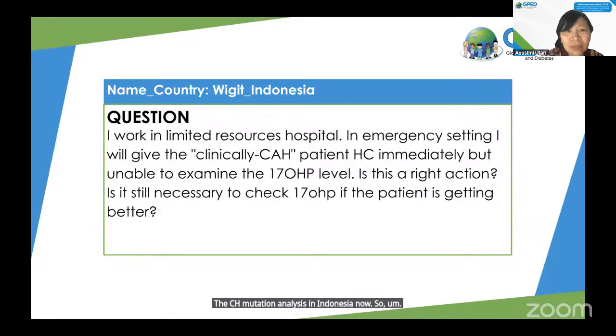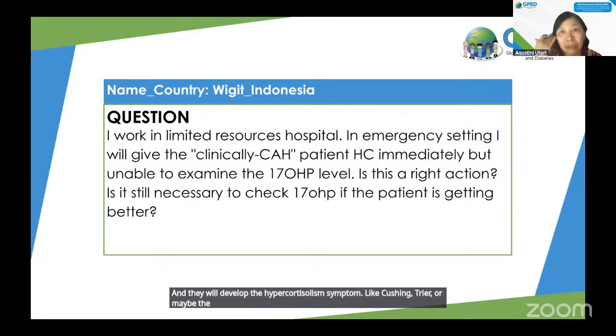So maybe we can repeat the lab in the future, I think, because usually, for example, when you decrease the dose, they will still have hyperandrogenism symptoms. Or if you give them hydrocortisone and they don't have adrenal insufficiency or CAH, they will develop hypercortisolism symptoms like Cushing's, striae, or maybe a real weight gain.